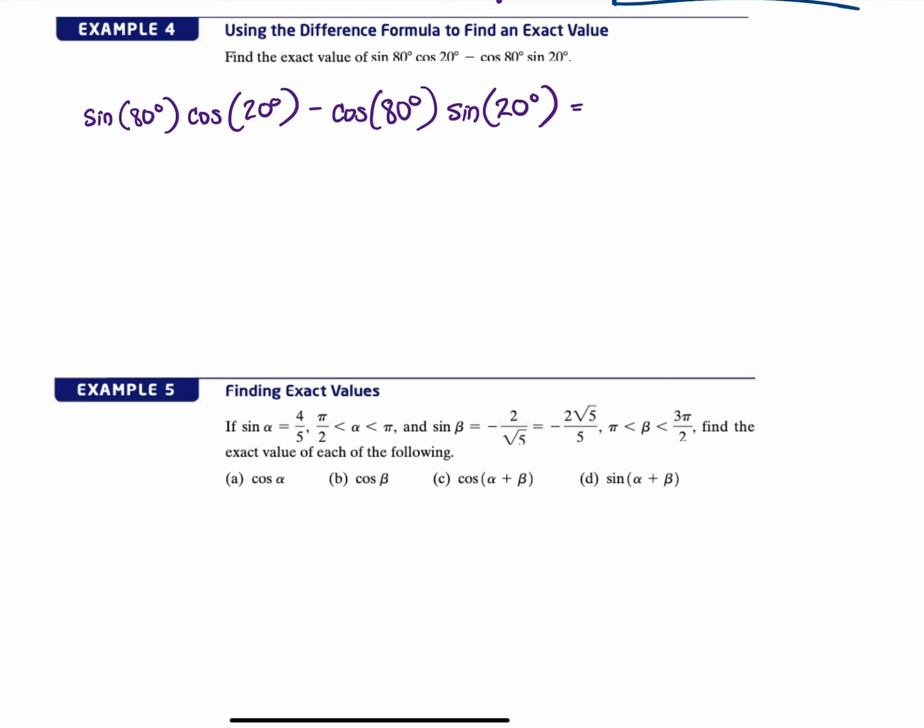We can write this as a single sine function of 80 degrees minus 20 degrees. And that's nice for us because 80 minus 20 is 60, so really this is just the sine of 60 degrees, which we do have from the unit circle. So sine of 60 degrees, that's like the sine of pi over 3, is the square root of 3 over 2.